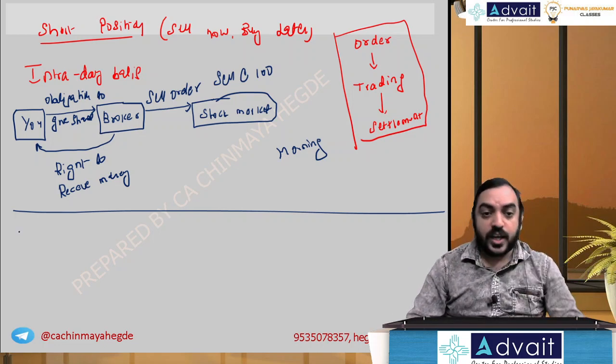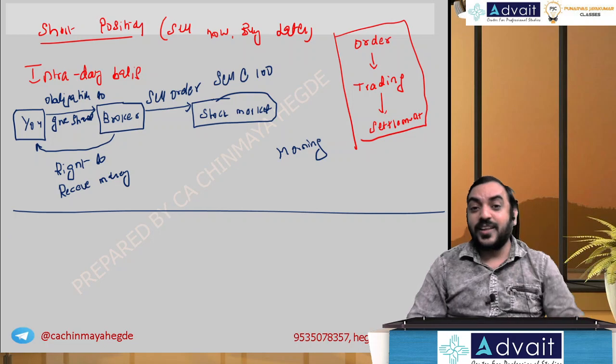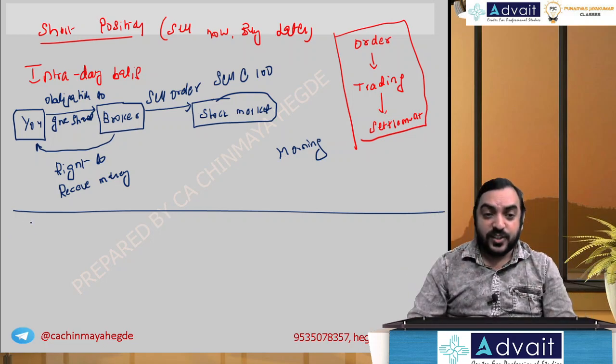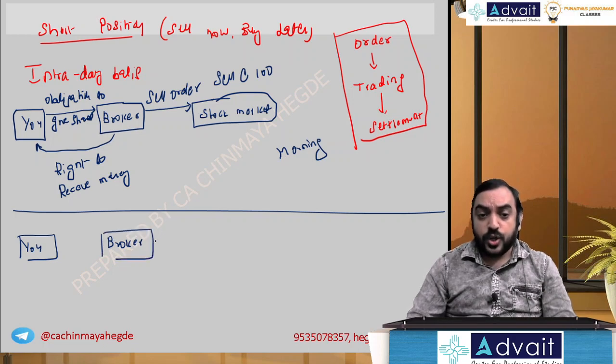Correct? Now, what you do in the evening, before the market closes, you tell the broker, please buy for me. You tell the broker to place the order to buy the share.